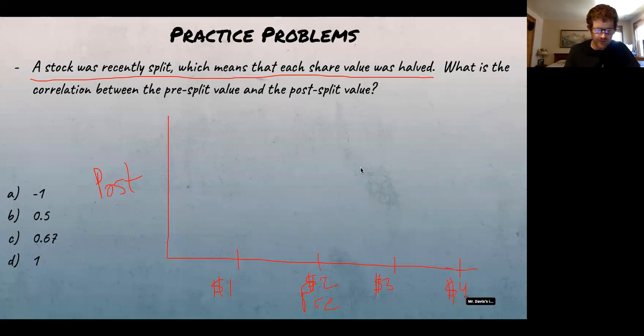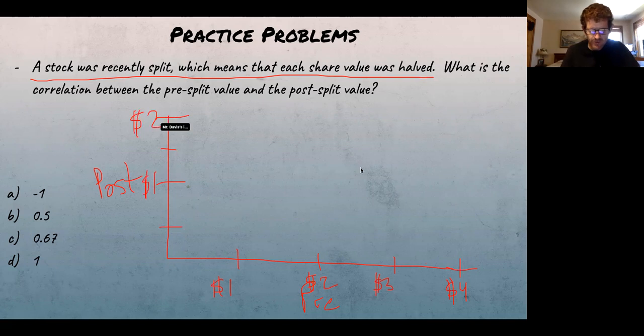After the split, after your $1 stock is split, it goes to 50 cents. After your $2 stock is split, it goes to $1. $3 goes to $1.50, $4 goes to $2.